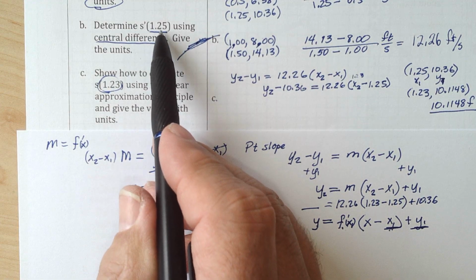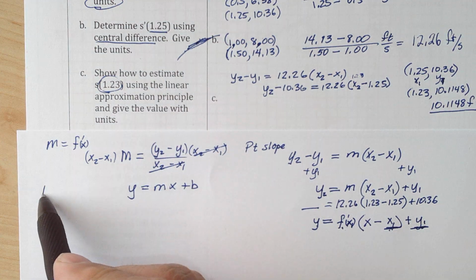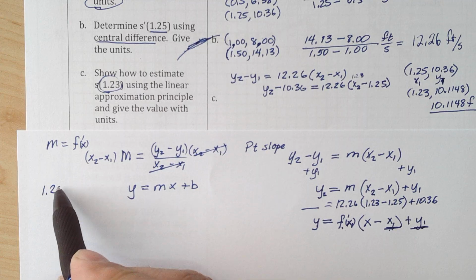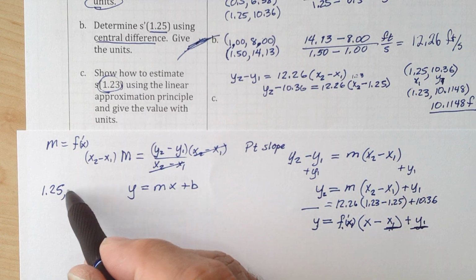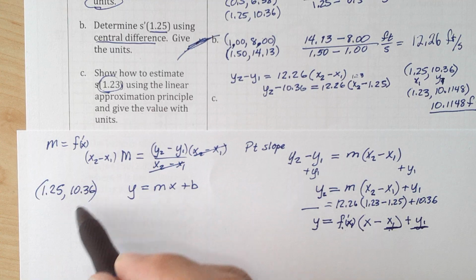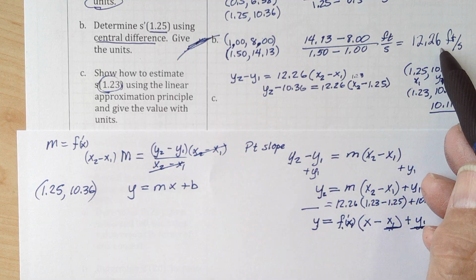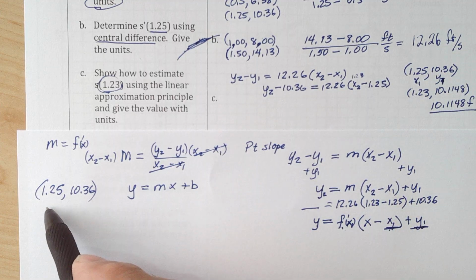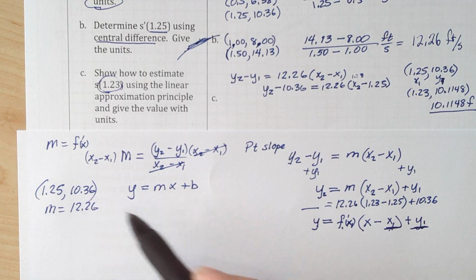And the tangent line, where we can do it, is at 1.25, where the y value is 10.36, and it has a slope there that we estimated with the central difference theorem of 12.26.